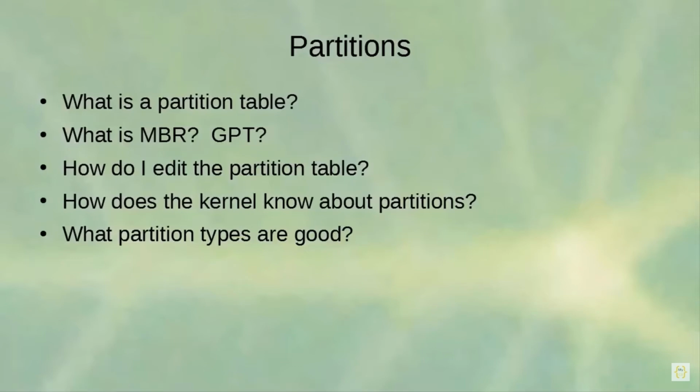So you can use things like partprobe or other utilities to tell the kernel that it needs to reread the partition tables and reload that information. Then it can start using that information as it mounts partitions and puts them into its setup.